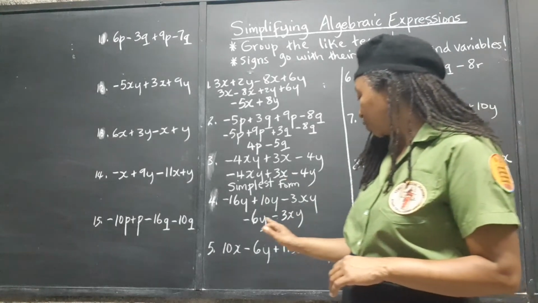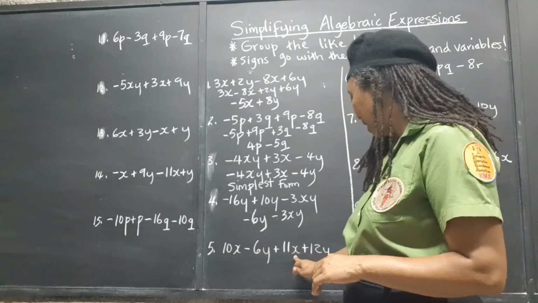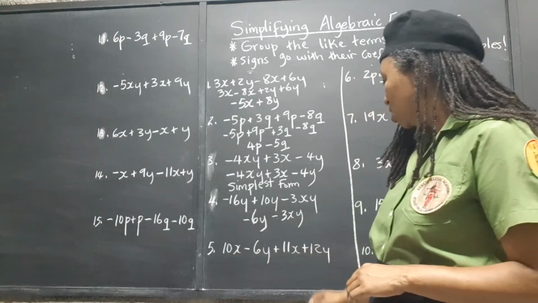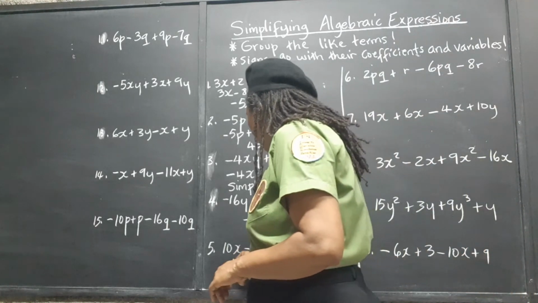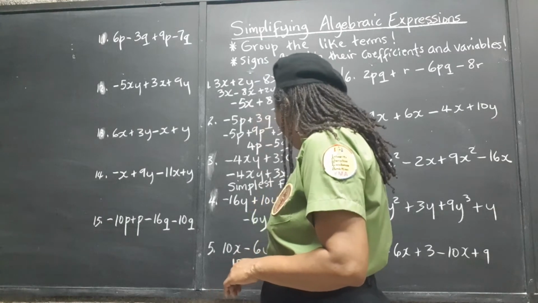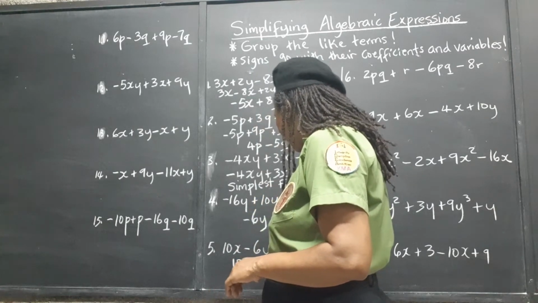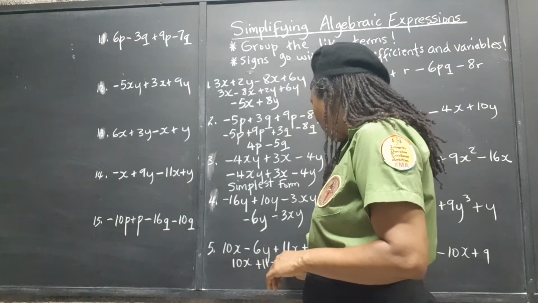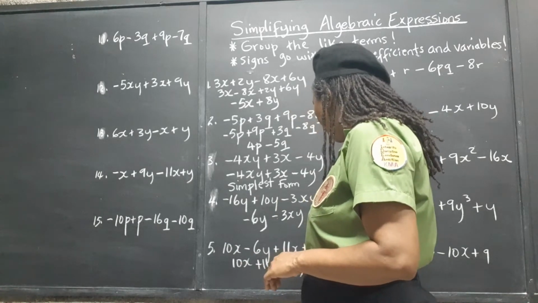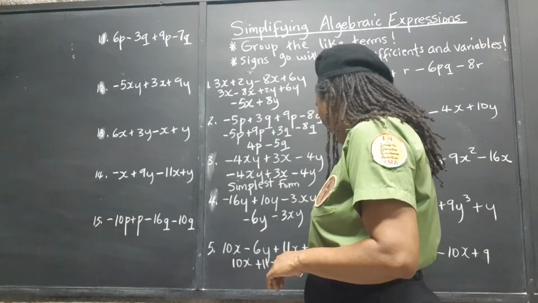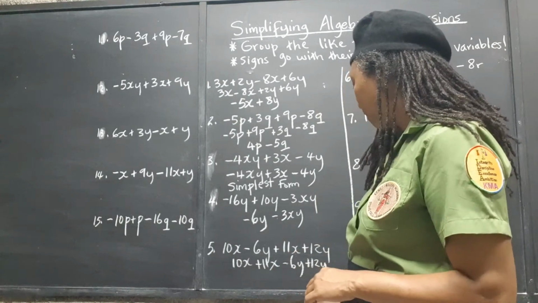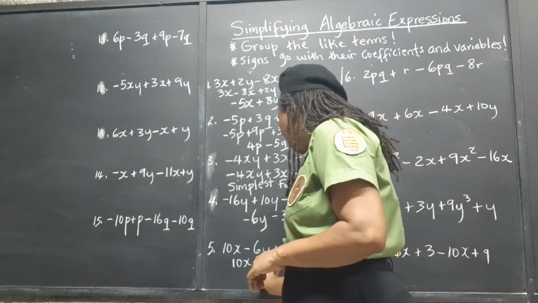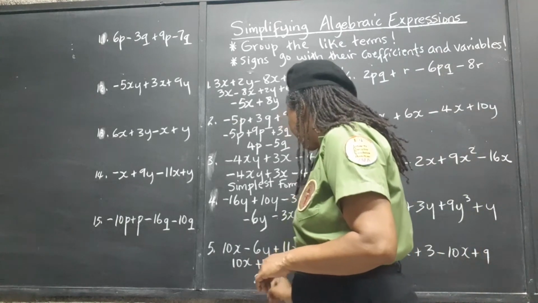Alright, here we have two variables, x's and y's. So let's rewrite them and group them. We have a 10x, we have a positive 11x, we have a negative 6y, and we have a positive 12y. So 10x plus 11x, that will give us 21x.